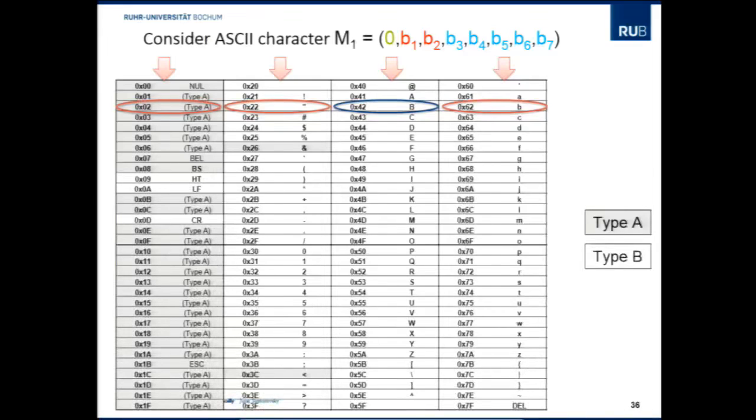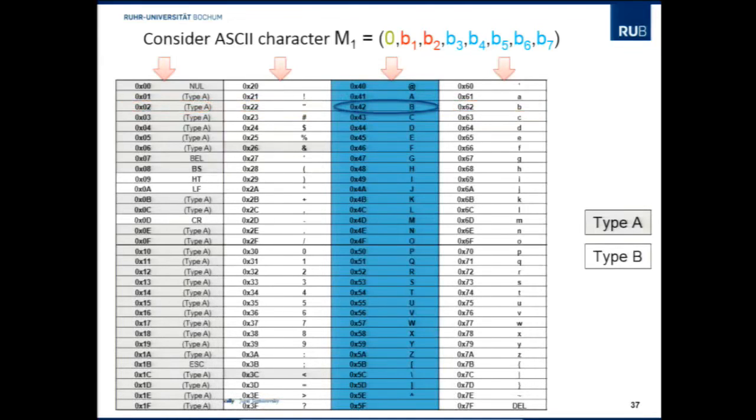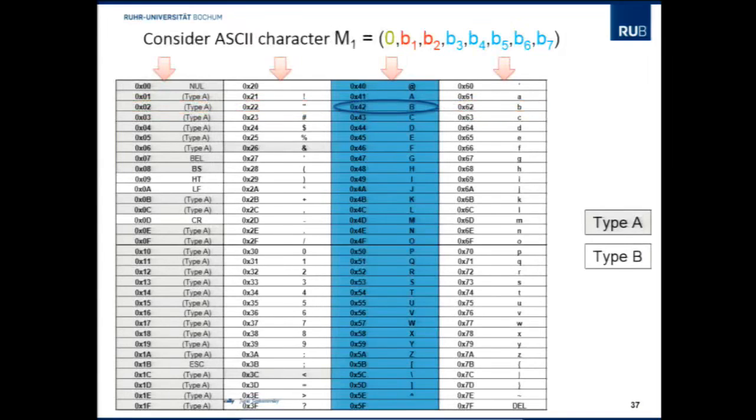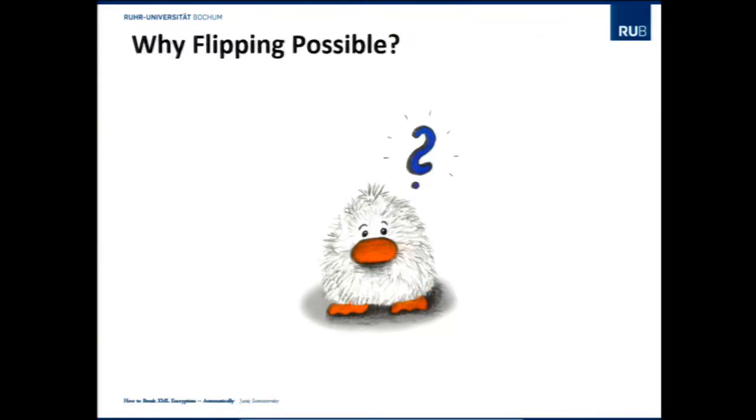If we send this ciphertext to the server, once the server answers with a fault message, we know that originally we were in this column. Because if we flip bit 1, we jump to the left, then we get a fault message, and we know that we are here. This is just the basic idea behind these attacks.